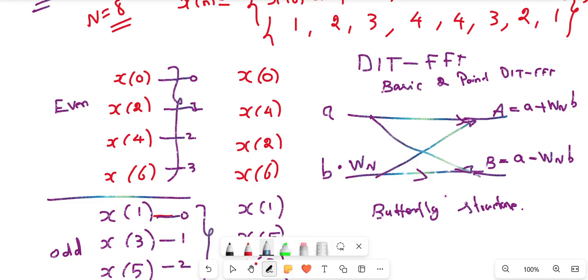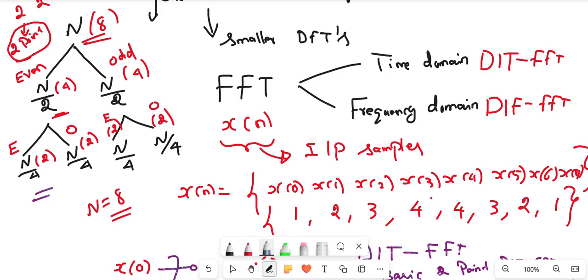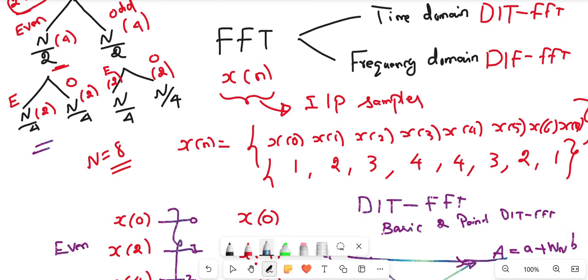Mathematically, how it was decomposed, we will see in the derivation now. How the input sequence is divided into odd and even, how the N-point DFT is decomposed into two N by 2 point DFTs, and again the N by 2 is divided in the same way into N by 4 point DFTs. It continues until 2-point DFTs are obtained.